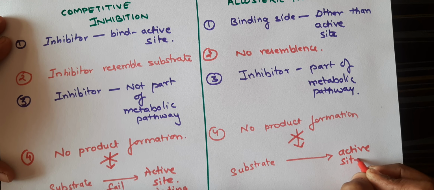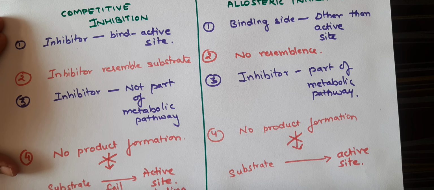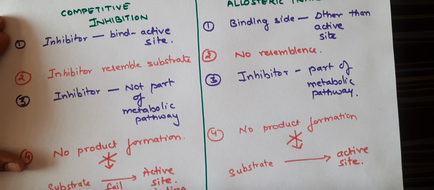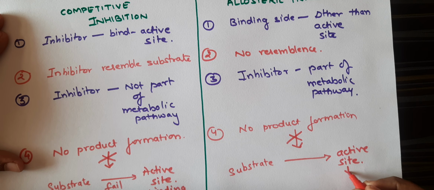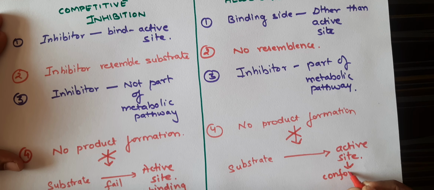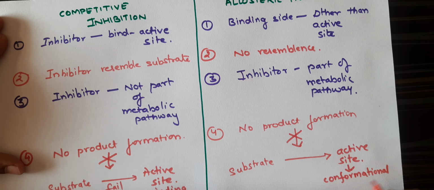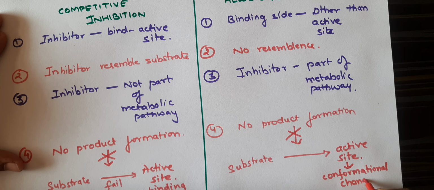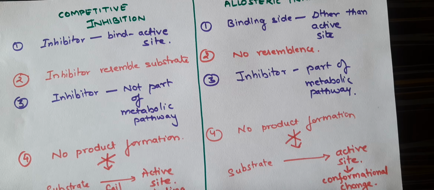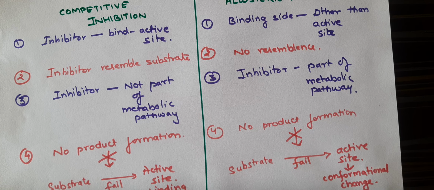Why? Because the inhibitor has already bound to the site other than the active site, but that binding leads to conformational change in the active site. And due to the conformational change of the active site, the substrate fails to bind to the active site.